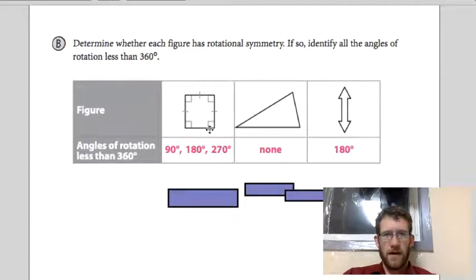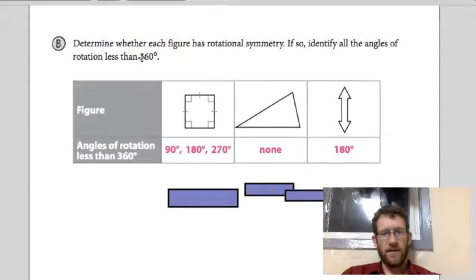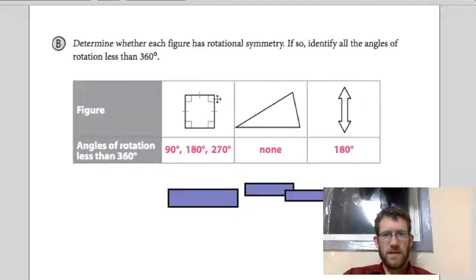For this one here, again, the square, we can rotate it. We're going to leave out the 0 degrees and the 360 degrees because those are the obvious ones. What we are concerned about with this is the square. We know this is a square because all these side lengths are the same and they're all 90 degrees. So we can rotate a square 90 degrees and it still looks like the exact same square.